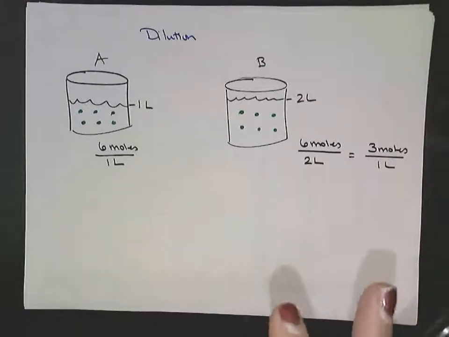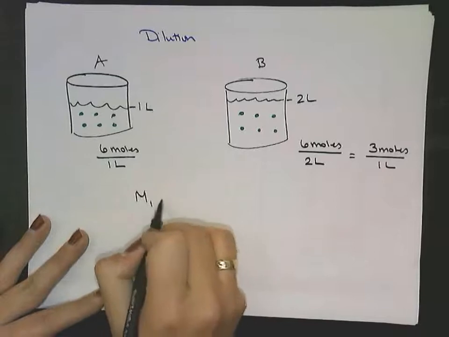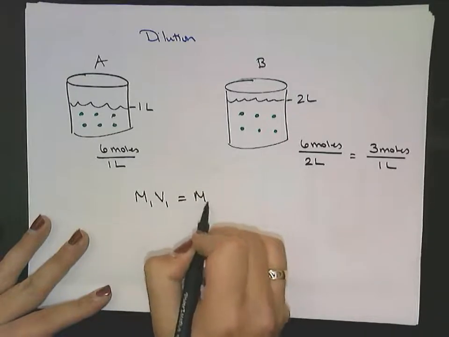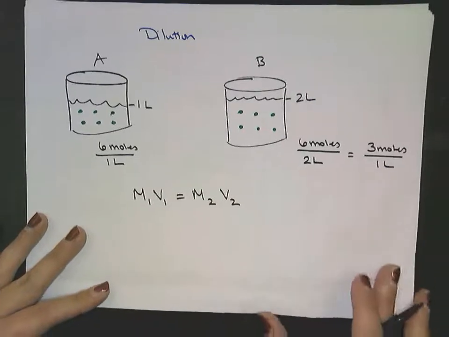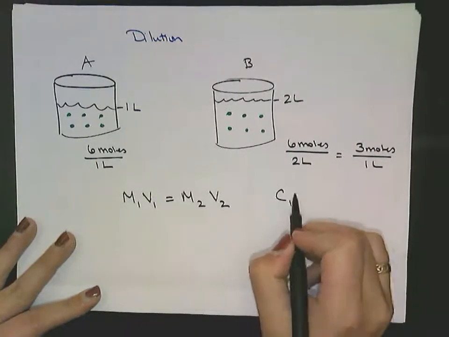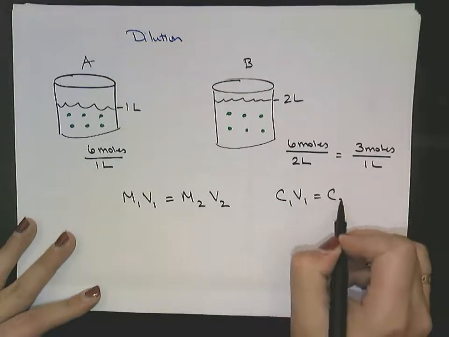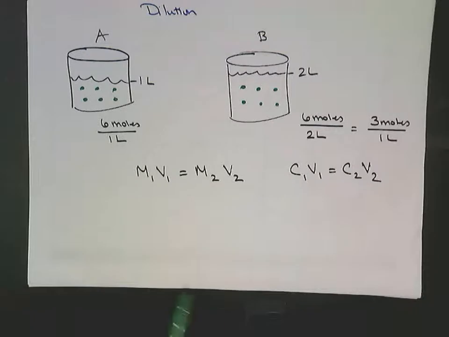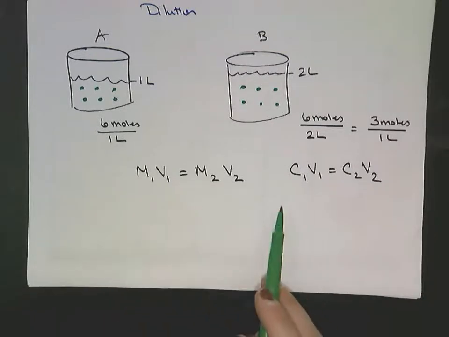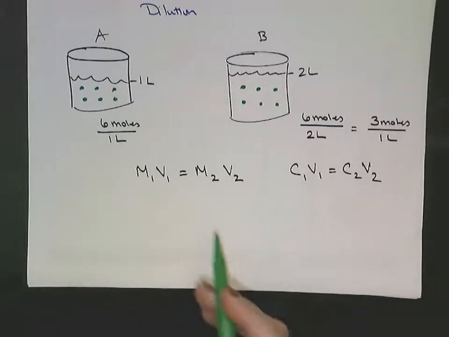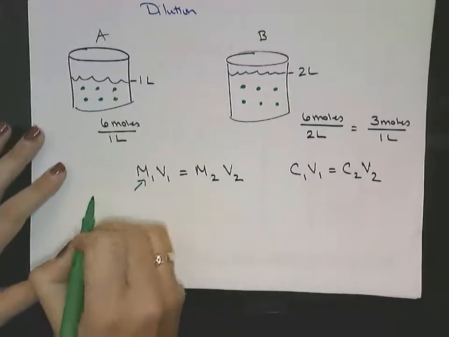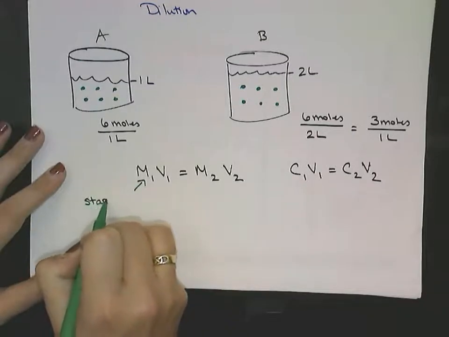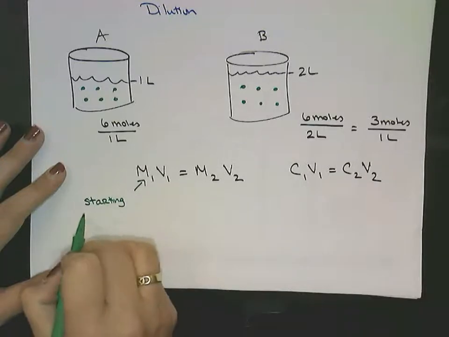So we can calculate how to do this using the dilution equation, which is not really an equation, but that's what they call it. I think your lab manual wrote it like this, but it's the same thing. Either M1V1 equals M2V2 or C1V1 equals C2V2. Both are fine. M1 is always the starting molarity.